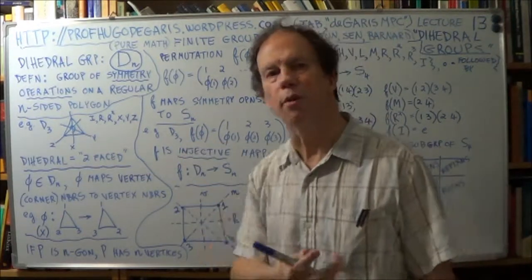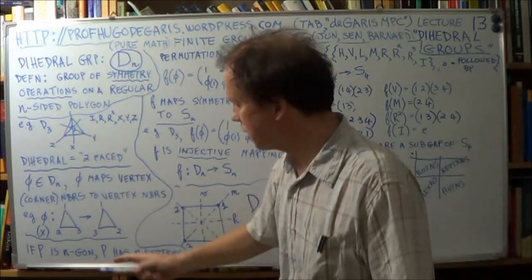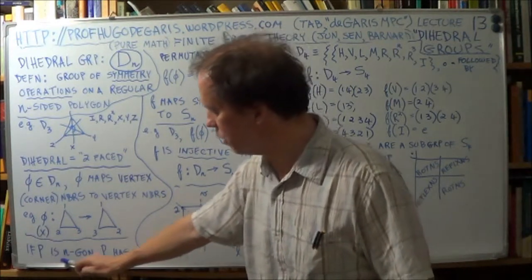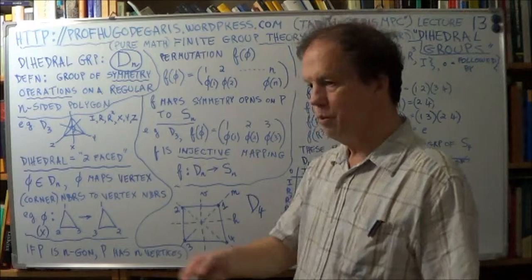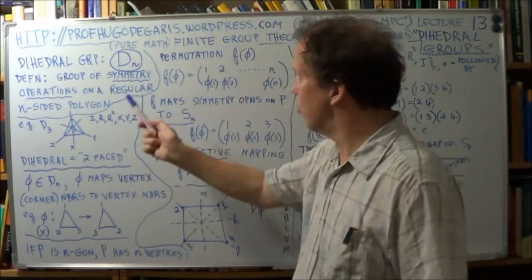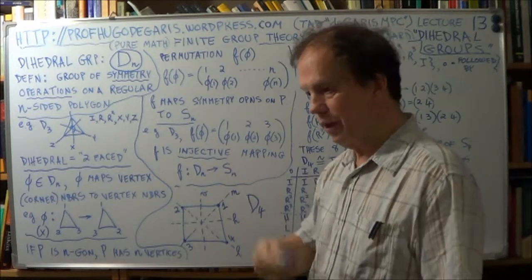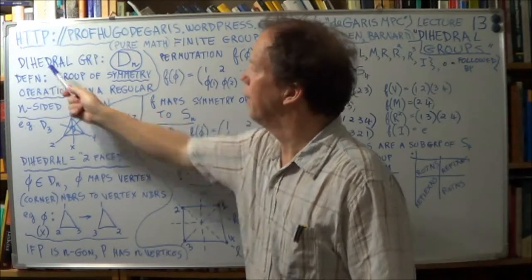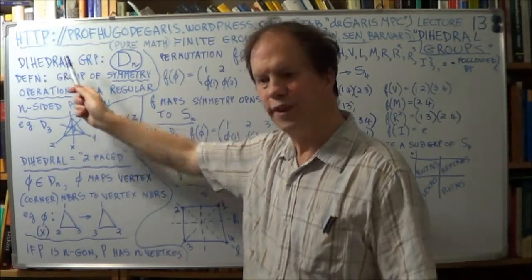And all the symmetry operations that you can perform on those, well, let's just call them n-gons, right? So a triangle would be a 3-gon, a square would be a 4-gon, okay? So all the symmetry operations on that regular n-sided polygon, together they form the dihedral group. Now, how does sides come in, or faces?